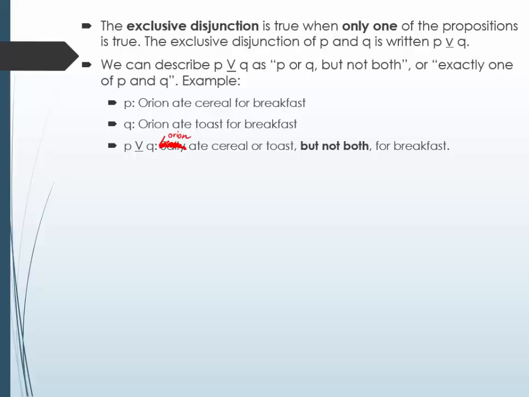Okay? It's kind of like when you choose to go somewhere, you can either go one place, you can go the other place, but you don't have time for both. Okay? That's what exclusive disjunction is.